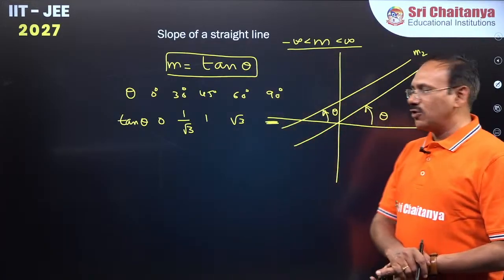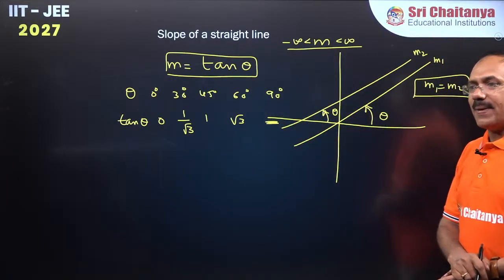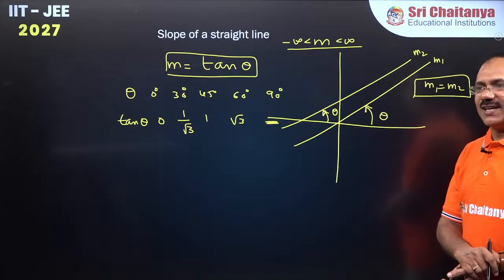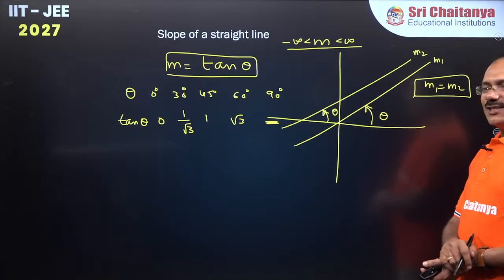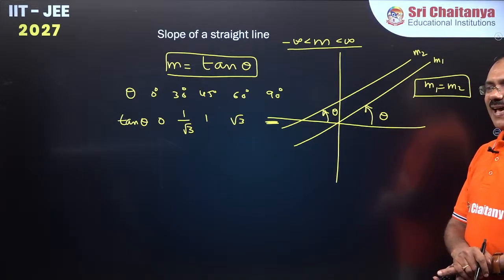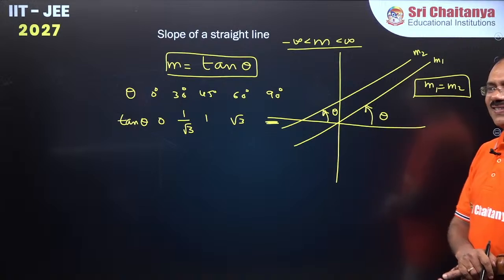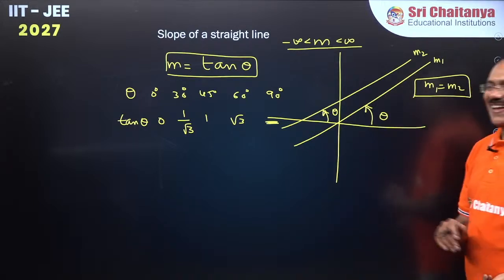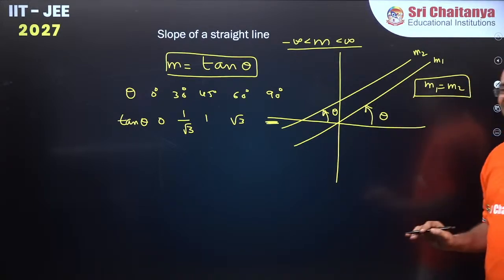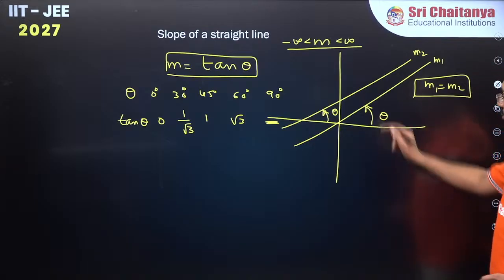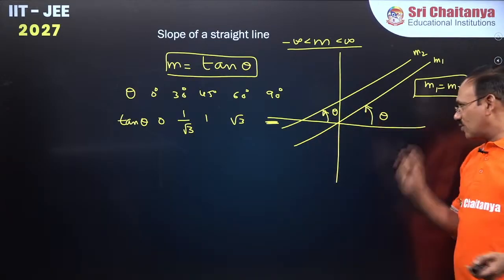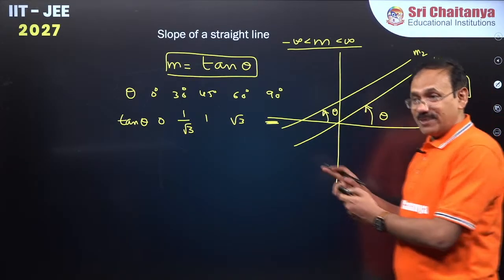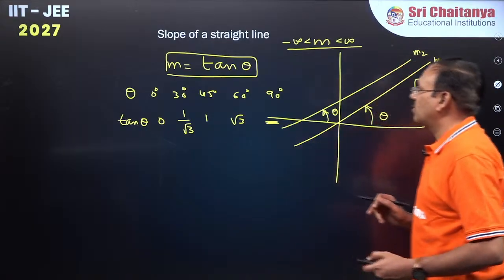Please, all of you, text slope m is tan theta. Okay, coming to the point, if two lines are parallel, then their slopes must be equal, guys. M1 is equal to M2.